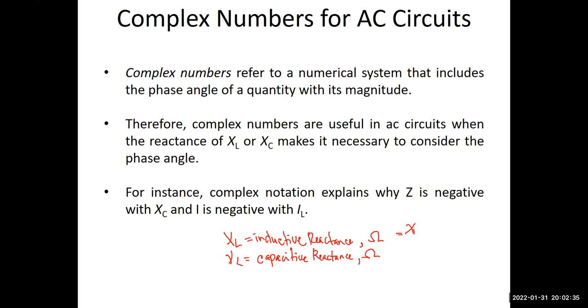To compute for XL, XL is equal to 2 pi, which is a constant, and the frequency, multiplied by the inductance L. For XC, the capacitive reactance is equal to 1 all over 2 pi, the frequency, multiplied by the capacitance.